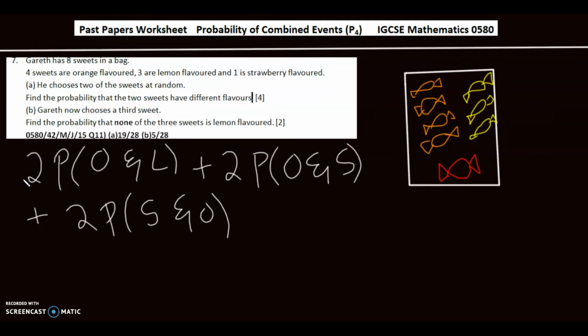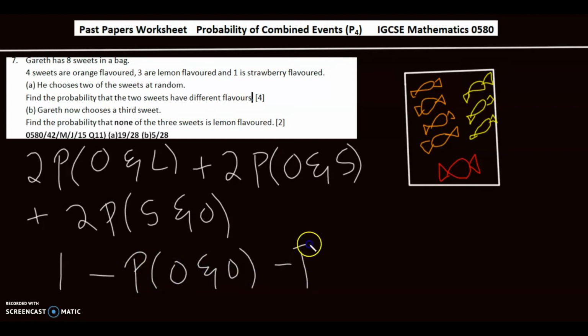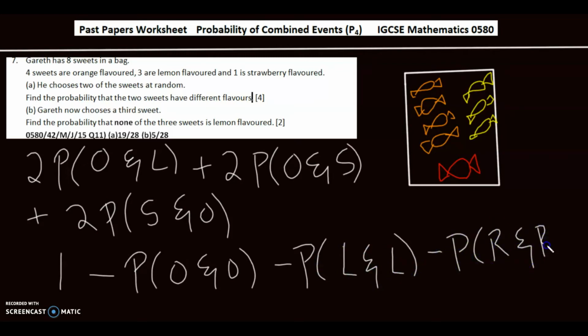This is one way of doing it, or there's another, easier, alternate way of doing it, which is 1 minus probability of getting orange and then again orange, minus probability of getting lemon and then again lemon, minus probability of getting red and then again red. This probability would be 0 because we can't get red and then again another red.